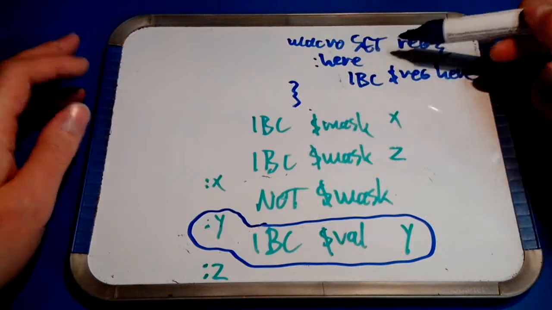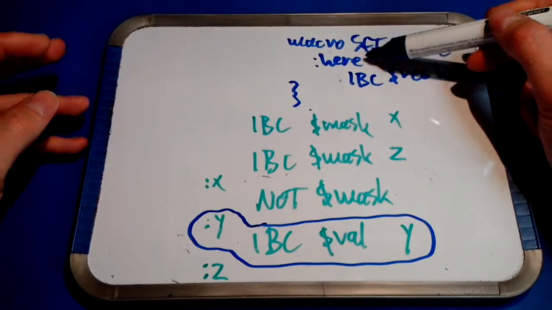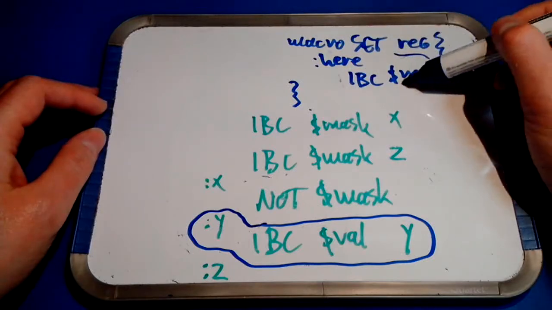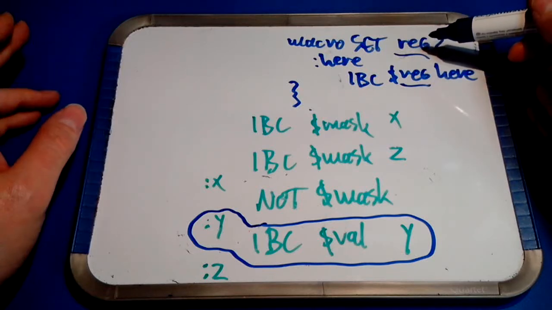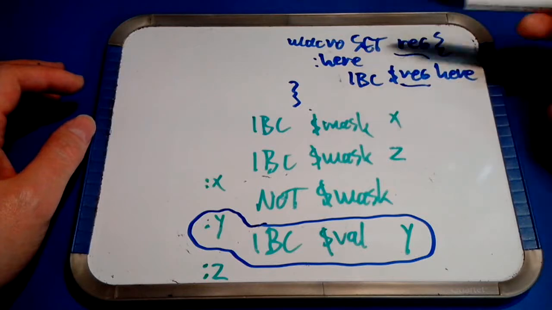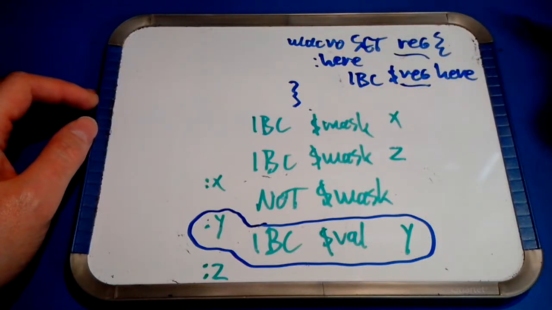Whenever set is encountered in a program, the assembler will replace that name with the body of the set macro. Note that this reg, for register, is like a placeholder, so whatever is passed, in this case for example mask, is filled in place of reg.